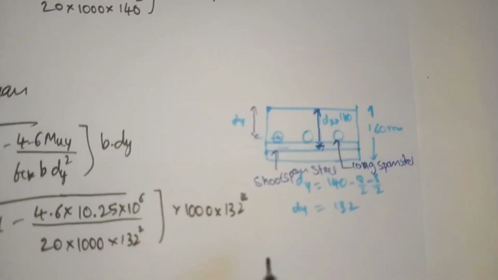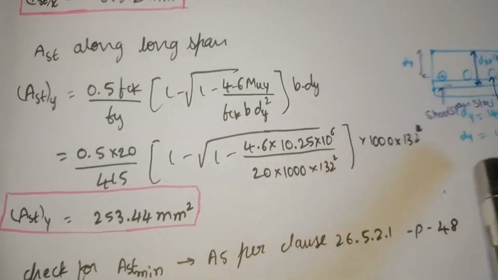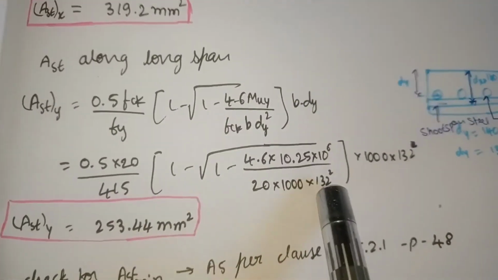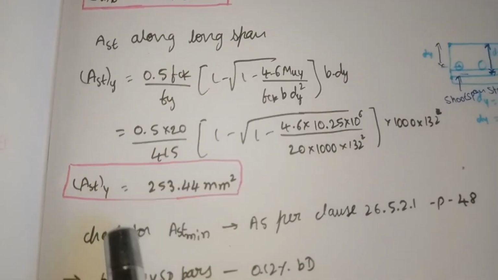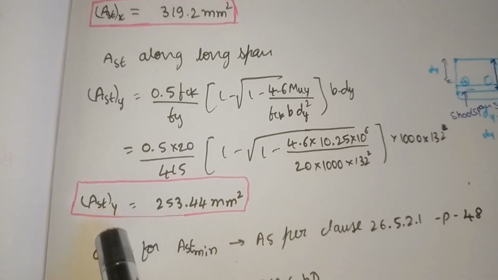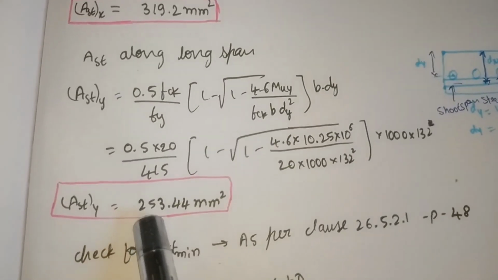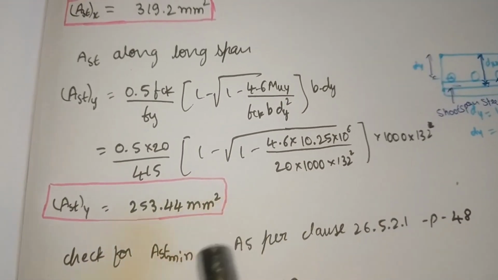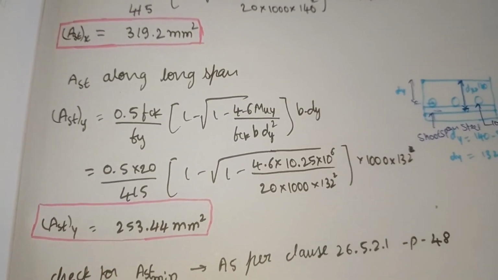So this is how we calculate the dy value. So substitute here dy value as 132. So I have substituted. By simplifying, our AST_Y, area of steel along the longer span, will come out as 253.44 mm square. So this is how we calculate the AST along longer span.